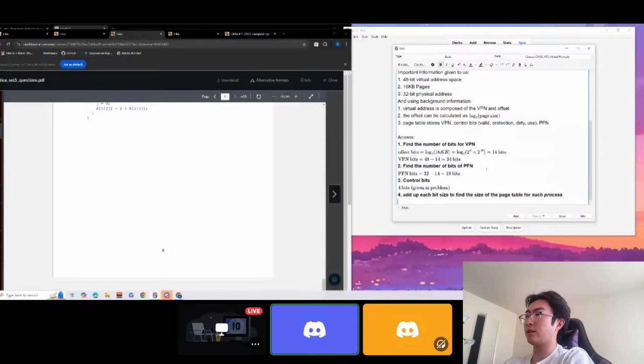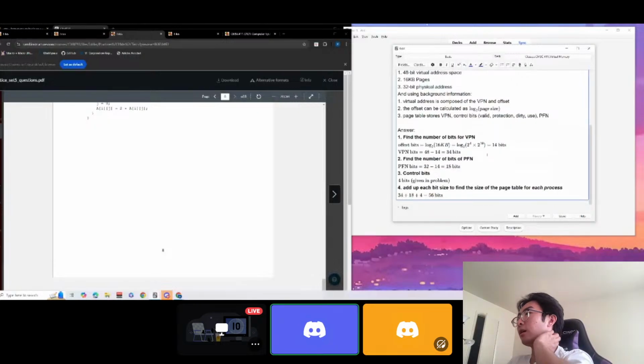Okay, I feel like that's the key, right? Each process. So it's like a single program that will need 34 plus 18 plus 4, which is equal to 22 plus 34, that's 56 bits. Okay, I'll save this for now.